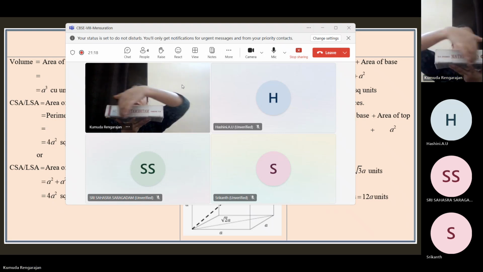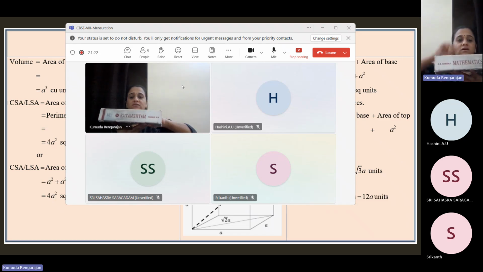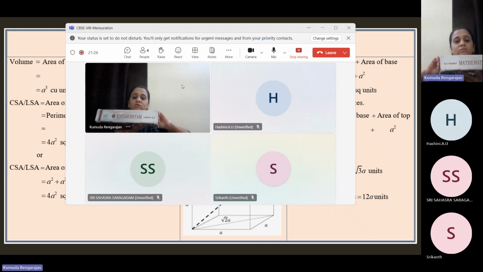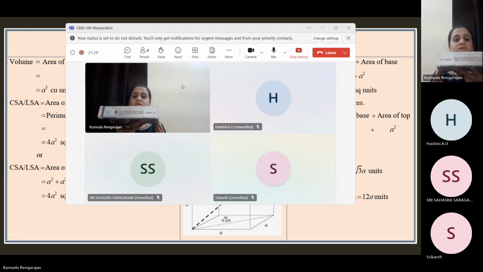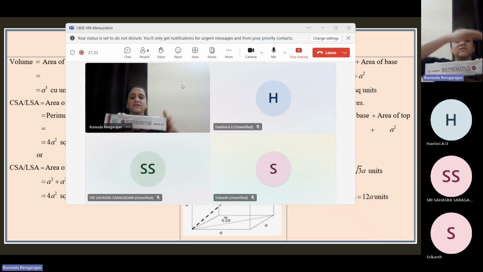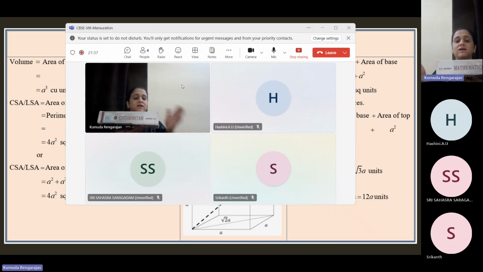1, 2. Similarly behind 3, 4. Then 5, 6. This is, say, my right side. This is the left side. This is front, back, right, left, top, bottom.